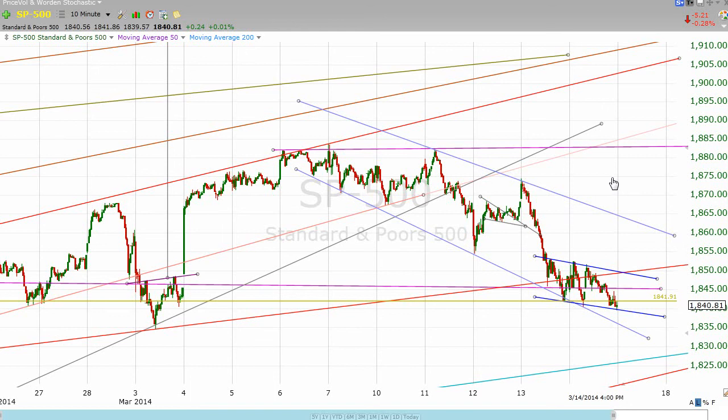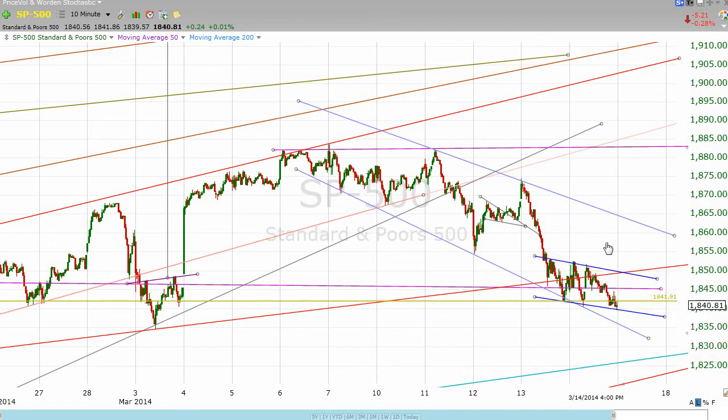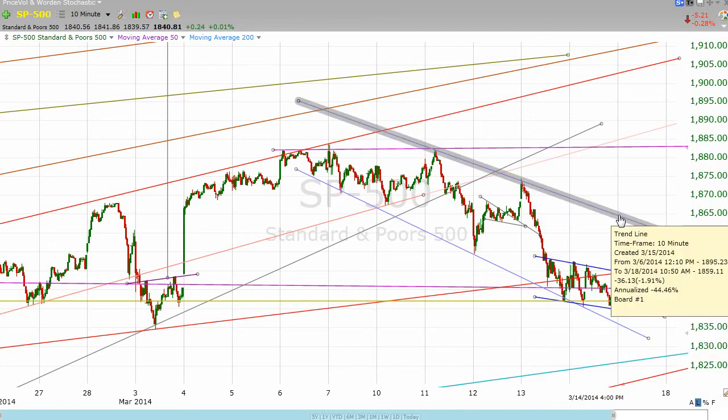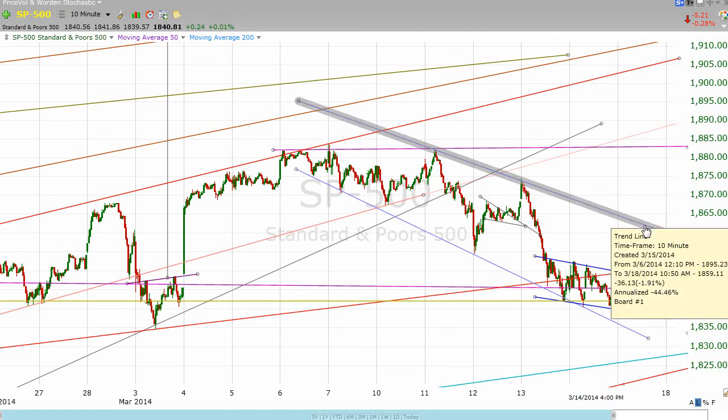And that would be obviously before this could be taken out, this would be taken out too. So this is kind of like a warning shot getting up over this line, and this is a glancing blow. Once we get over this, then I think we're probably going to head back up.